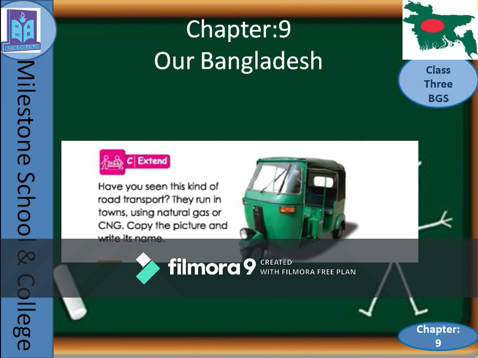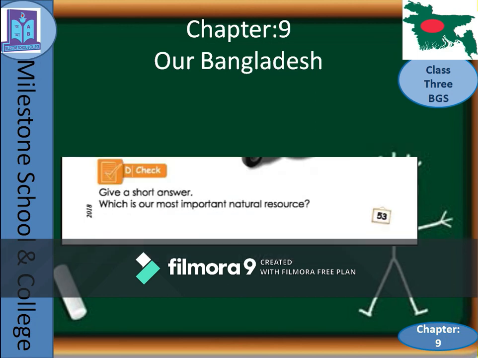This is the most familiar and well-known vehicle in Dhaka city. We usually see this on our roads. This vehicle is known to us as CNG. So, what do we have to write down? Yes, we have to write down its name. Okay, do it in your book.